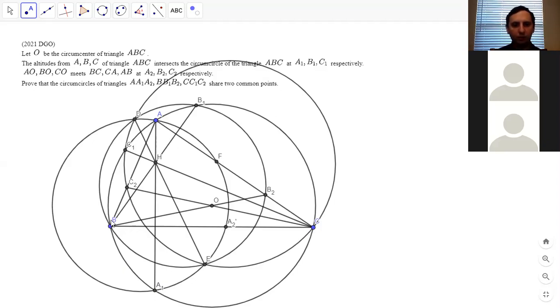That would solve it. And so we know one of the angles is the same.